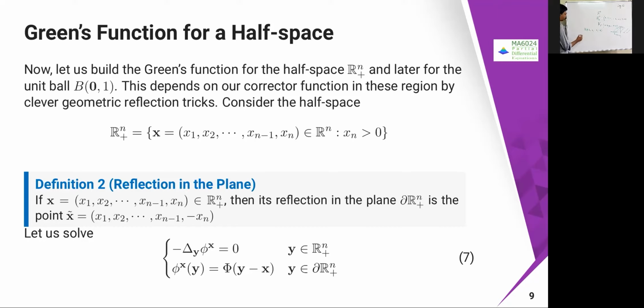So we need to solve this problem: minus Δ Φ x equal to 0 in R^n plus, and Φ x equal to Φ of y minus x on ∂R^n plus. This is the one we need to solve.